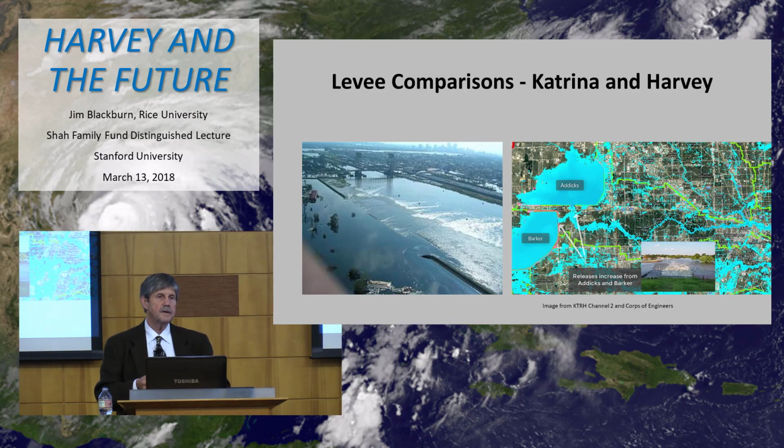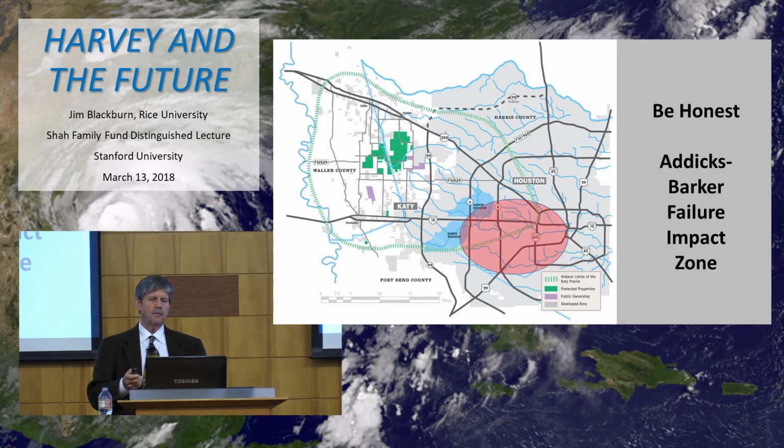Now, the other thing is these reservoirs were at risk of failure. The Corps of Engineers had trucks staged, loaded with rock, aggregate, and various types of materials to try to come in and dump into breaches that were occurring. They ran a real-time computer model of what would happen if Addicks and Barker flooded.